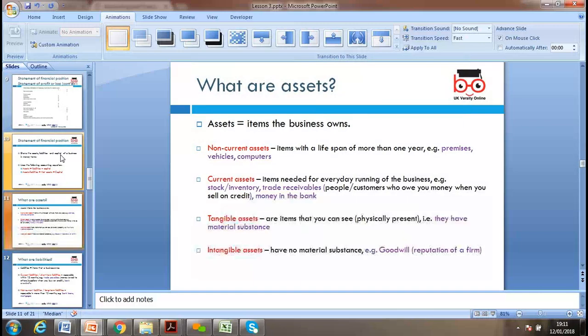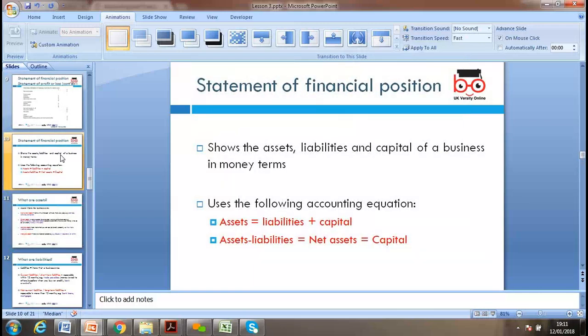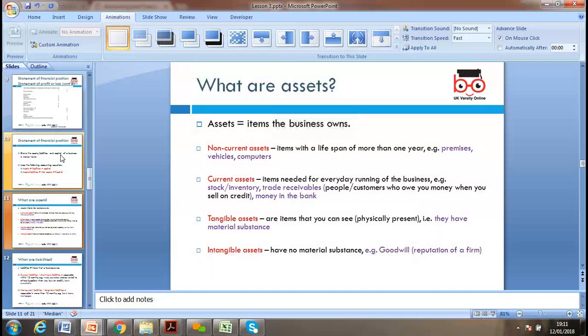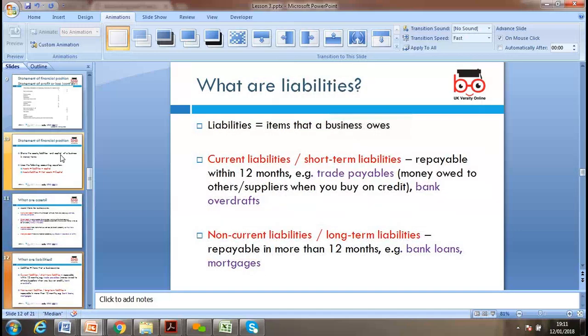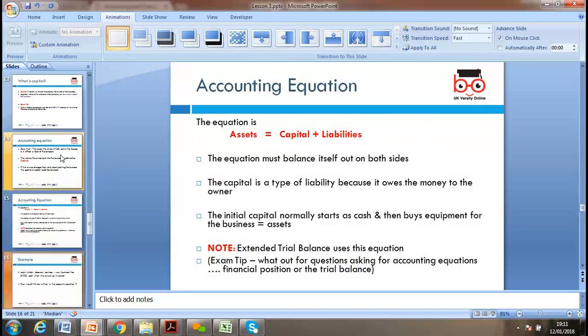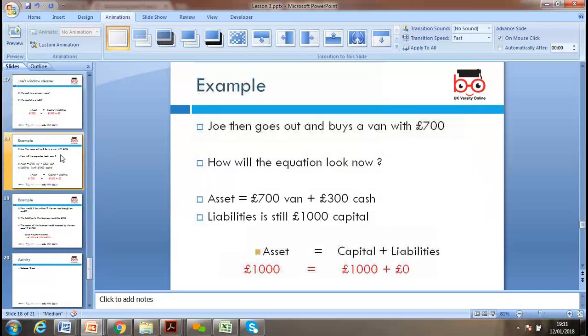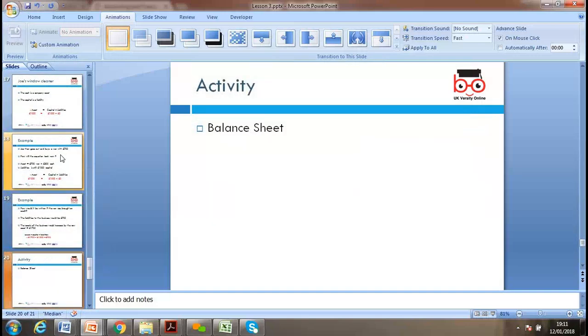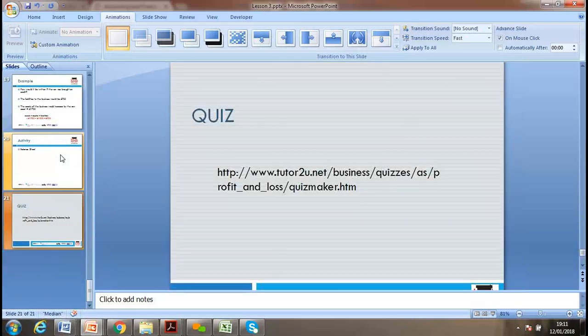The accounting equation is assets equal liabilities plus capital. Assets minus liabilities is equal to net assets, and net assets are equal to capital, which explains the non-current assets, current assets, tangible and intangible. So that's the summary of all the assets and liabilities under the balance sheet.